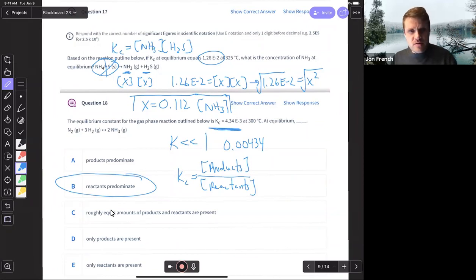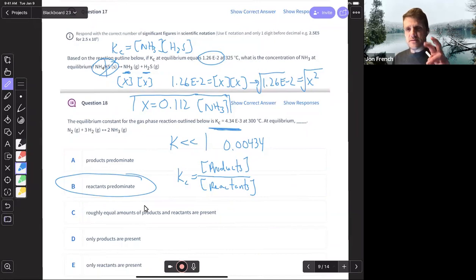And to go back to the previous question, 17: if it was 2 moles to 1 mole, well, not exactly, right? It wouldn't be x squared and x. What's the relationship between 2 and 1? It would be 2x and x if the coefficients were not the same. Does that make sense?